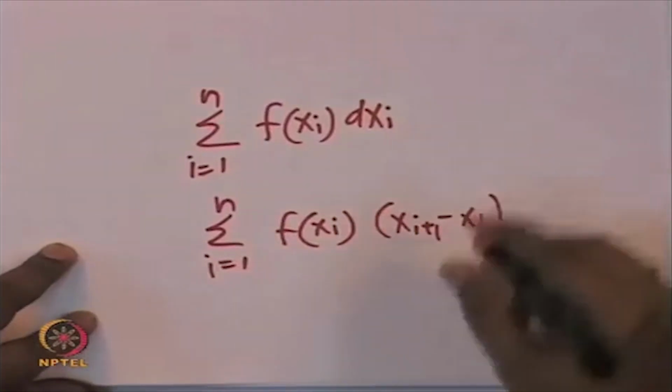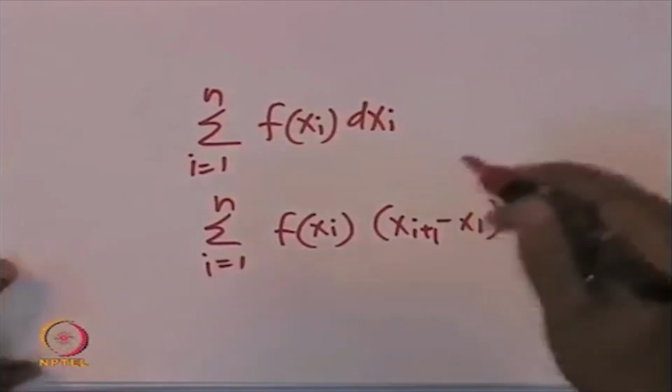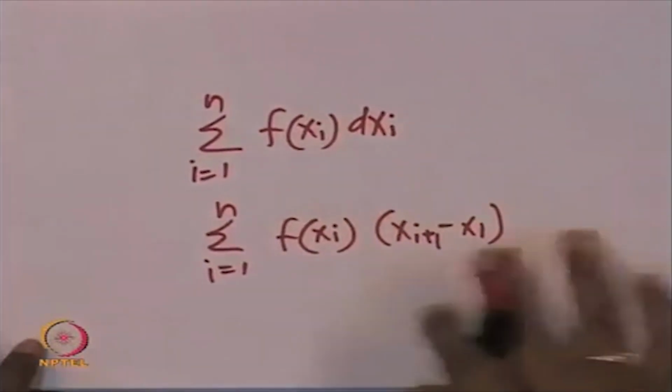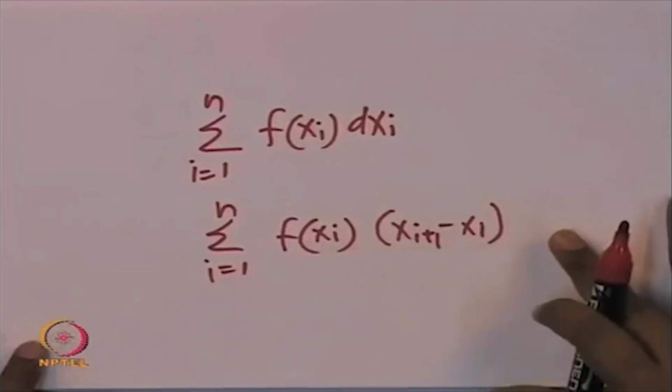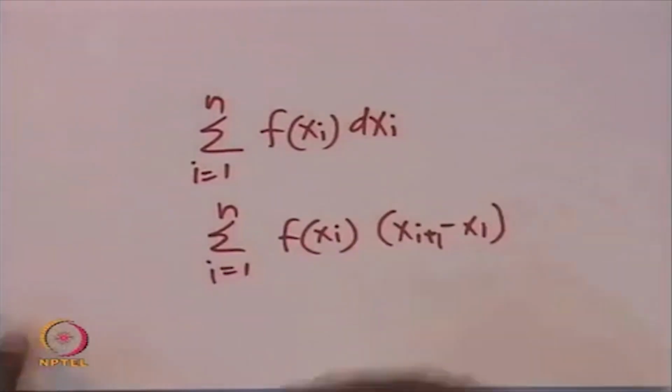So, if we have data like x 1, x 2, x 3, we can use this formula to do the integral numerically also. These ideas can be extended to the numerical part, which is actually a different course in itself, numerical methods, on how to use numerical methods to do integration. We can make these methods very efficient with various techniques, which is a course in itself, so I will not go into that.